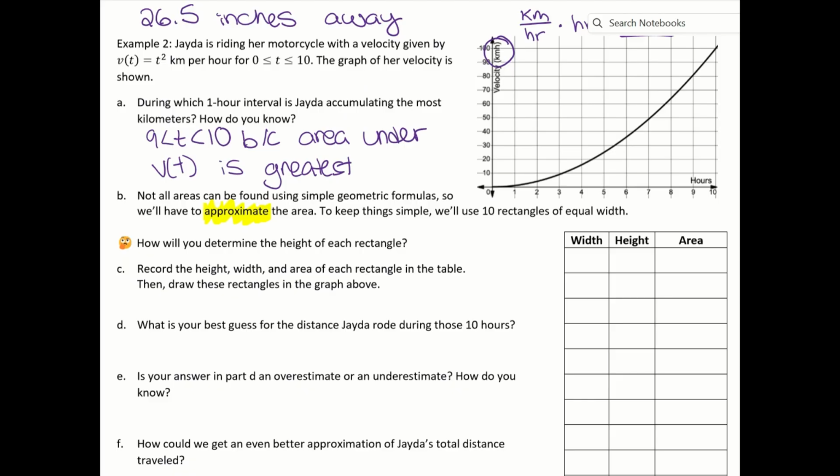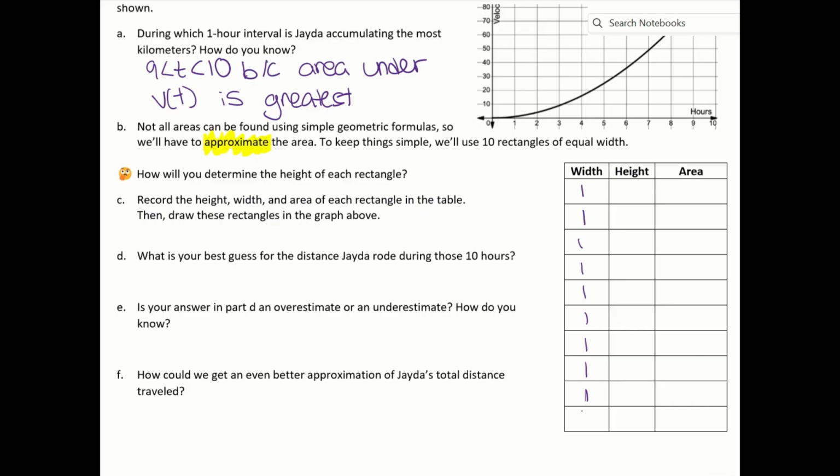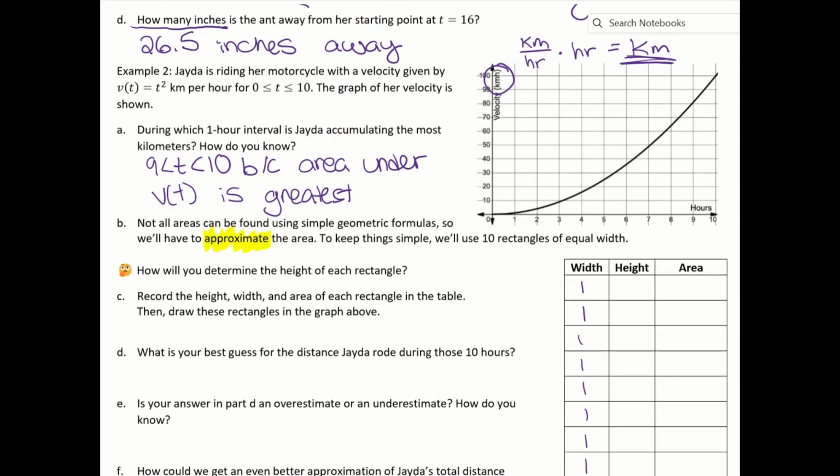What we do know is that the width of all these rectangles is going to be 1 unit, because there has to be 10 in total. But there are different ways for you to choose the height. Ideally, if we were together, we'd be able to compare, but I'll show you some options.